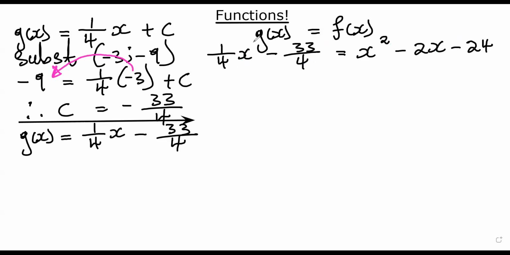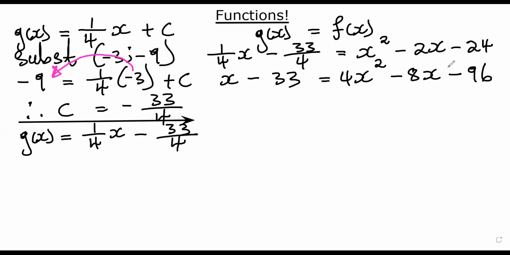So if you say 1 over 4 multiplied by 4, you get an x. 33 over 4 multiplied by 4, you get 33. And here you get 4x squared, 8x, and then 24 multiplied by 4. Well, it's just going to be 96.